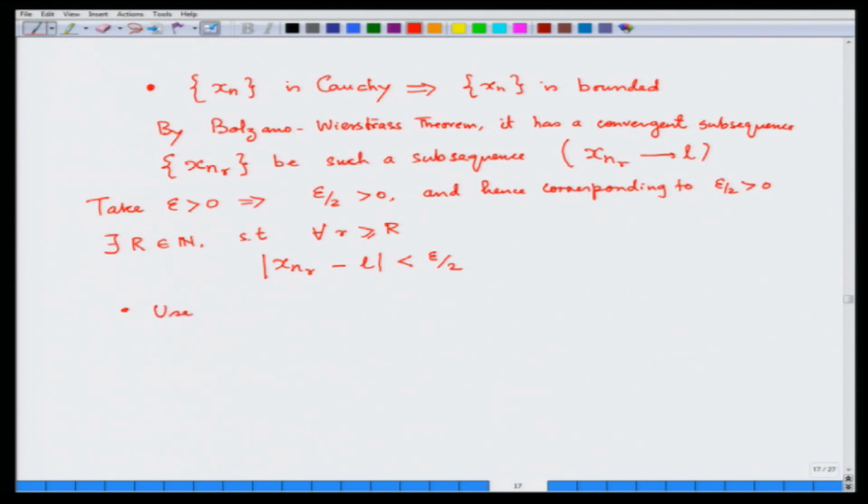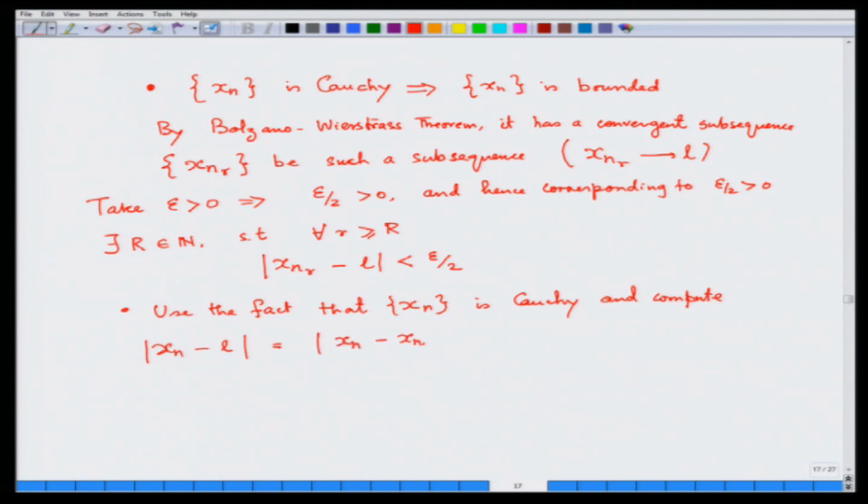Use the fact that x_n is Cauchy and compute |x_n minus L|, which you can write as follows: |x_n minus x_{n_r} plus x_{n_r} minus L|, I am just writing it in a step-jumped manner.